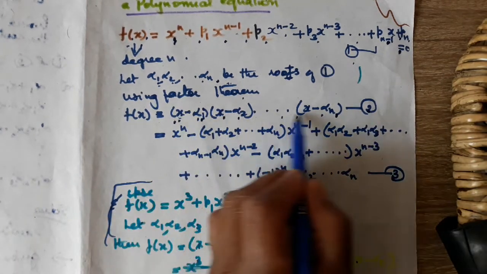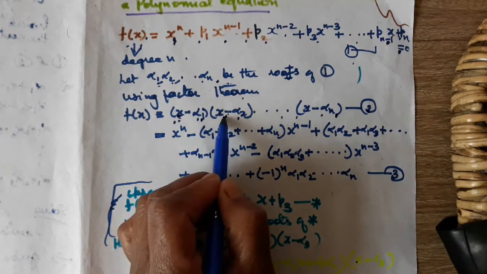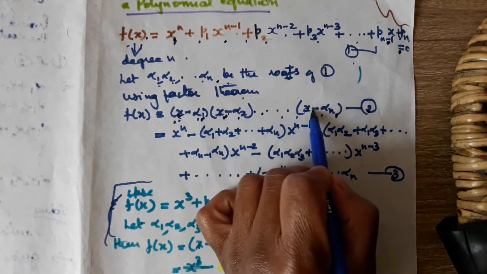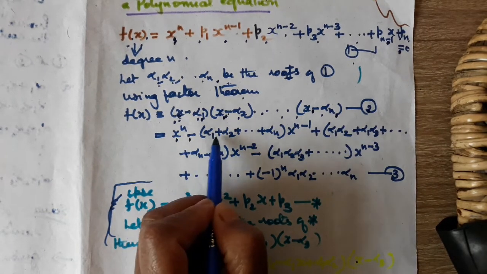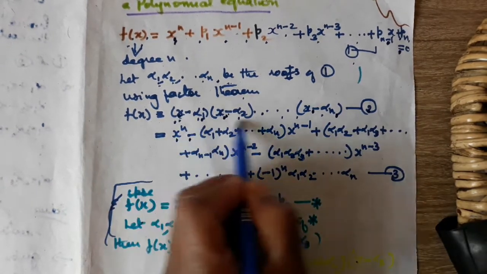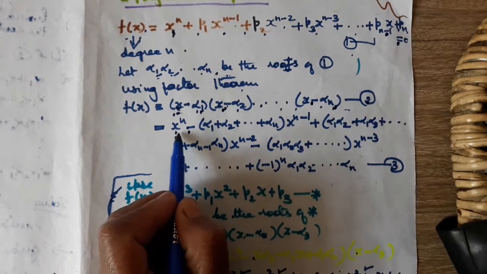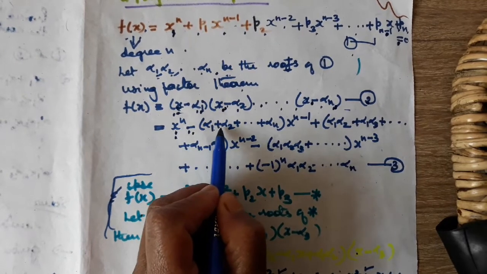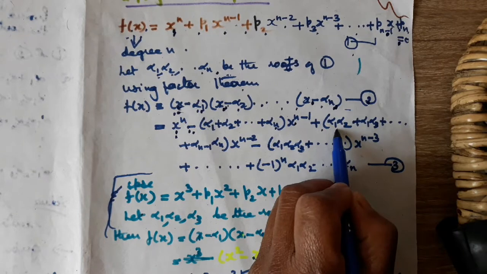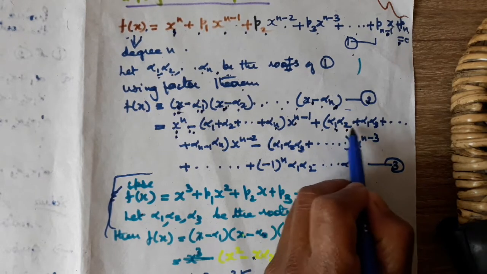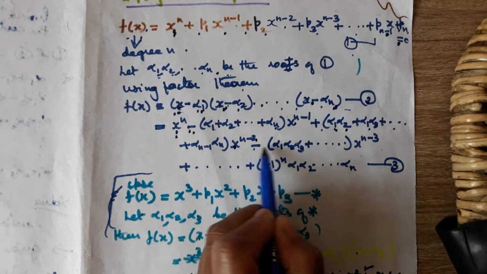Now multiply this. When you multiply each term, you multiply the first with the second, and the third, and so on, and the last with the last. Once you multiply the right hand side of equation 2, you will get this expression, that is x to the power n minus (alpha 1 plus alpha 2 plus ... alpha n) into x power n minus 1, plus ... plus alpha 1 alpha 2 and so on, that is the sum of the roots taken 2 at a time, which is the coefficient of x power n minus 2, with a plus sign.